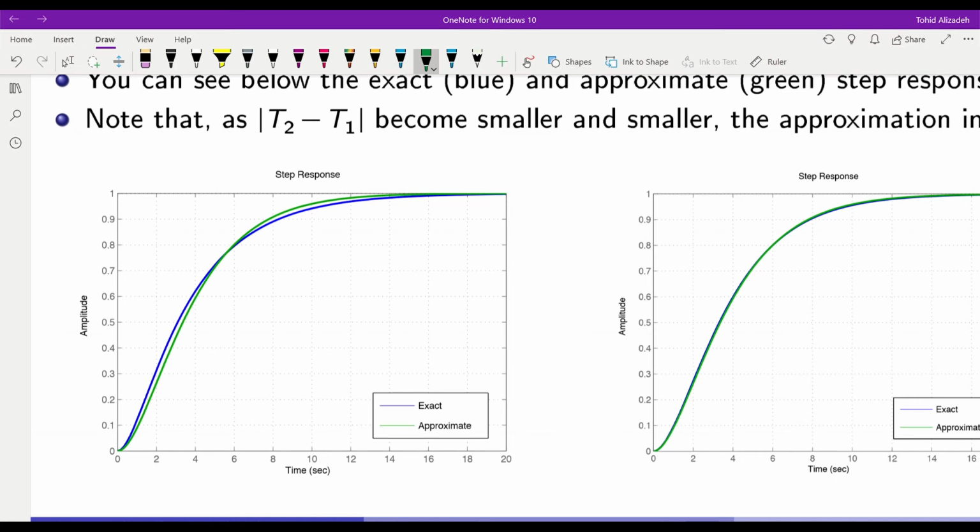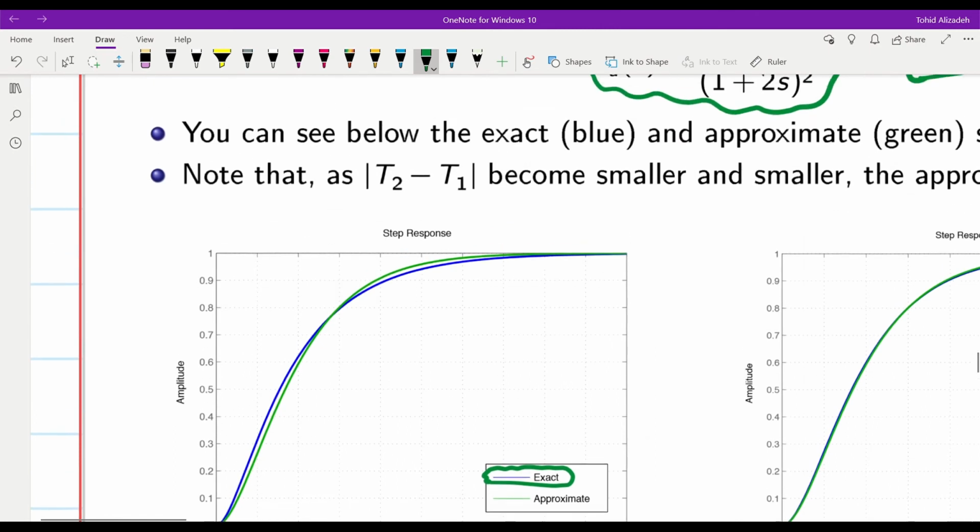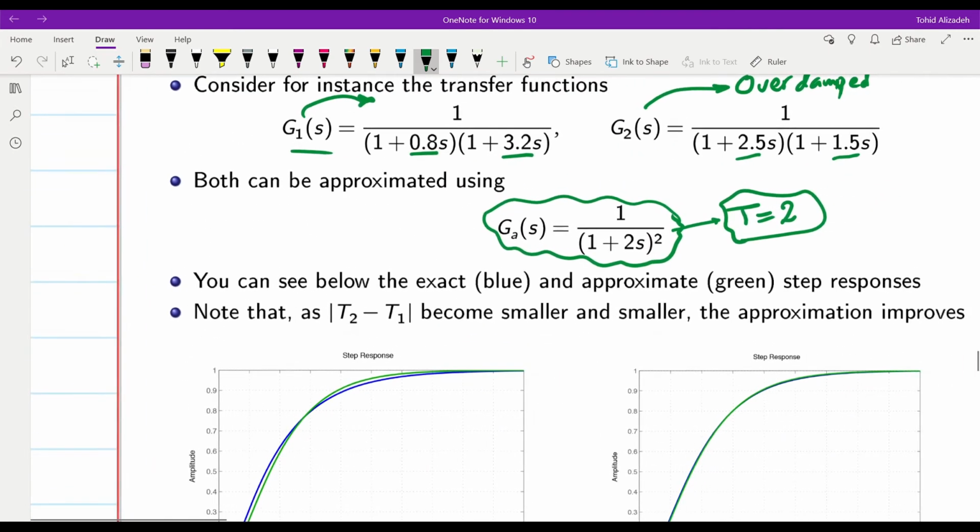In the first graph here, what we have in blue is the exact response of the system for G1, where we have T1 0.8 and T2 3.2.